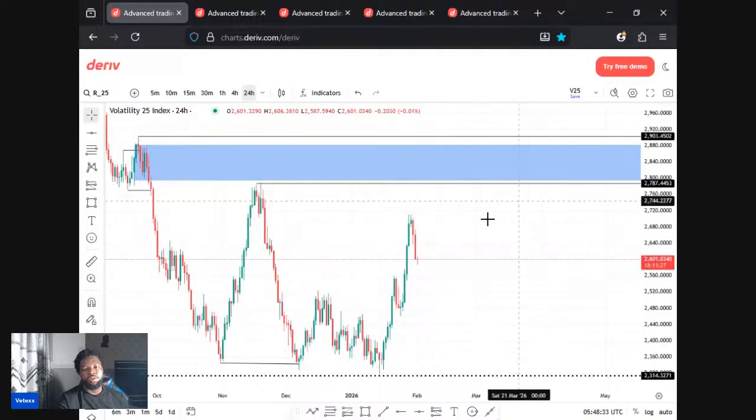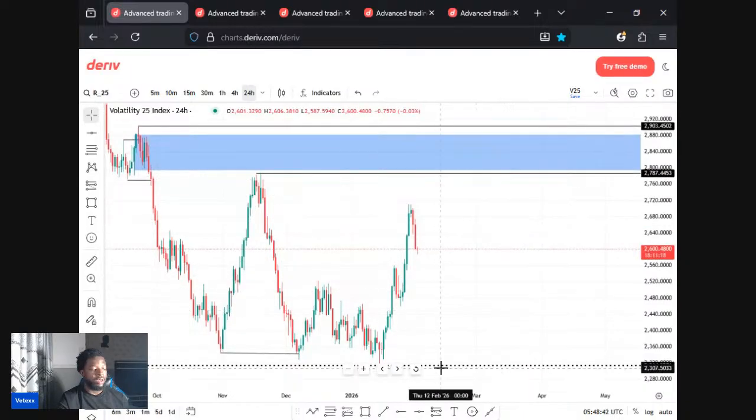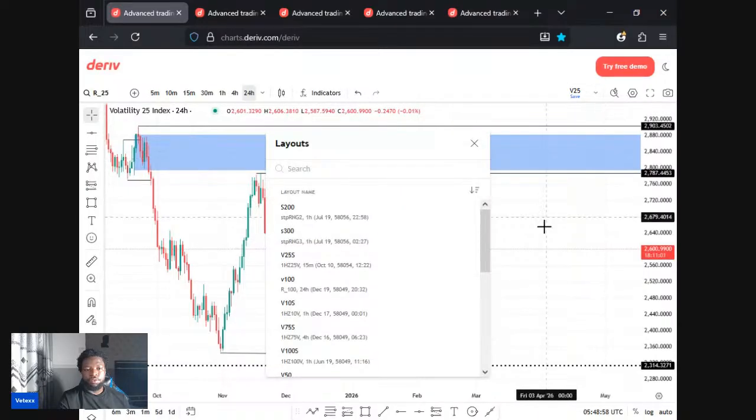Once price gives us a continuation on the 4-hour, that is when we can go to the 15 minutes or 30 minutes time frame to start taking sells until price takes out this target. Understood? I believe that is clear enough. So this is what we have on V25.